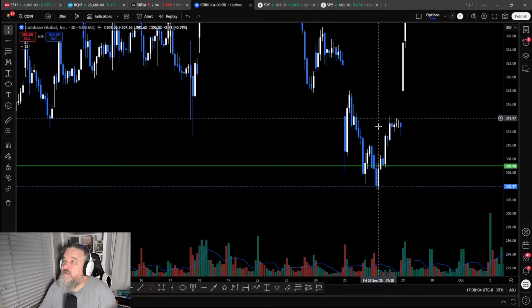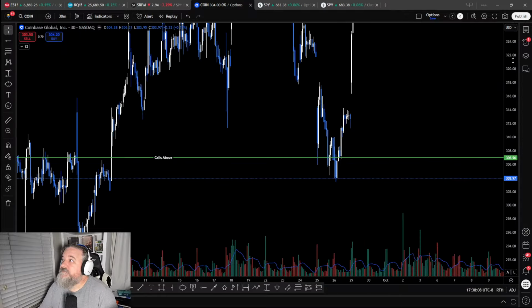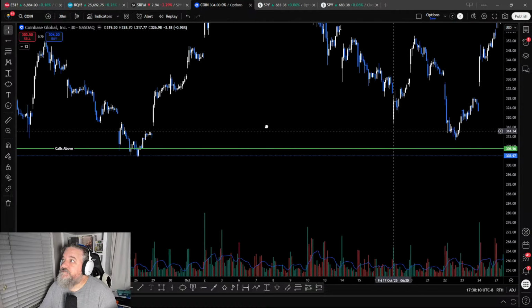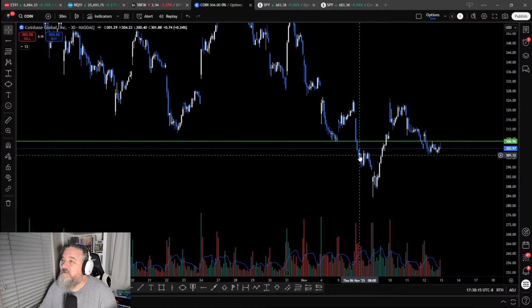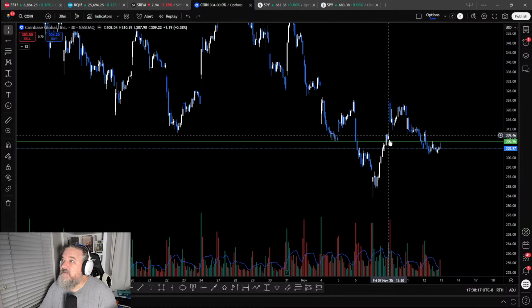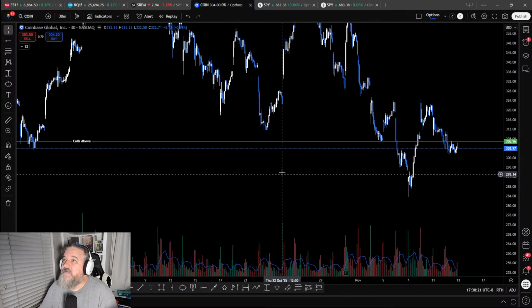Support, support. Support again. Broke through, turned to resistance. Support again. And now it's acting as resistance again.